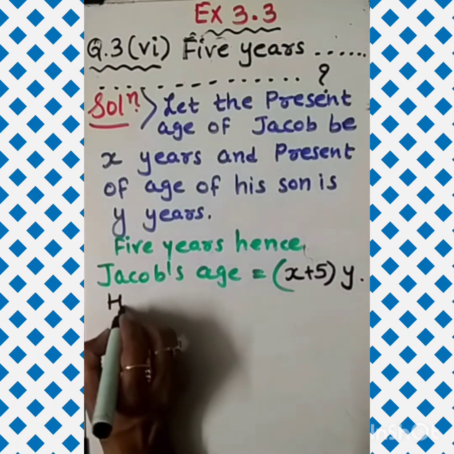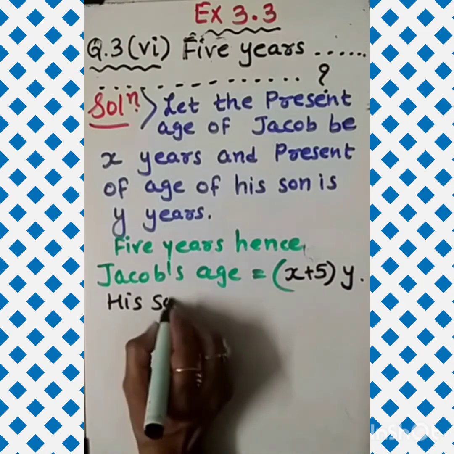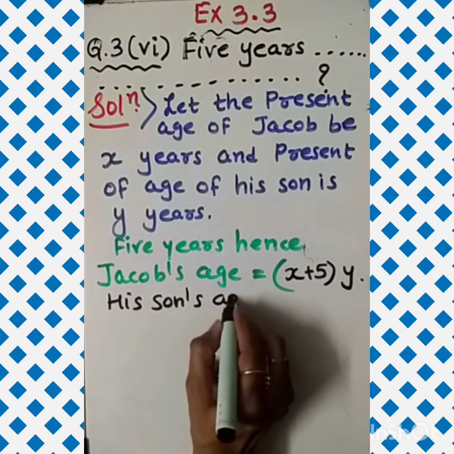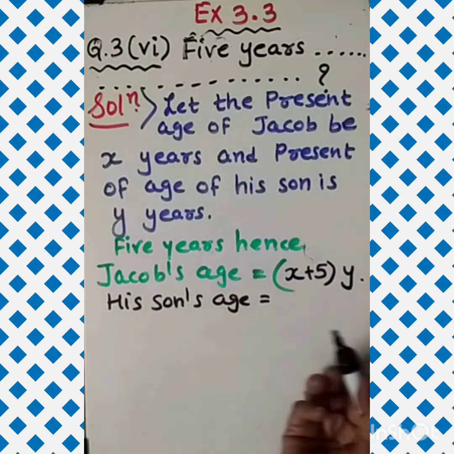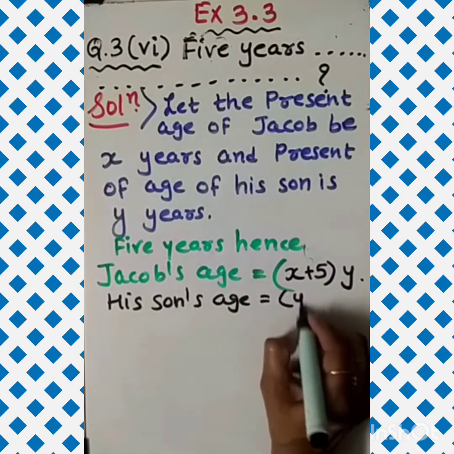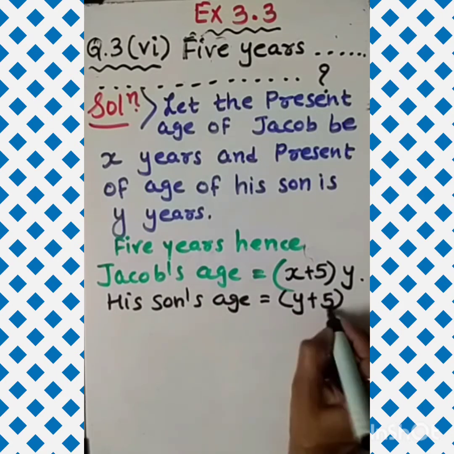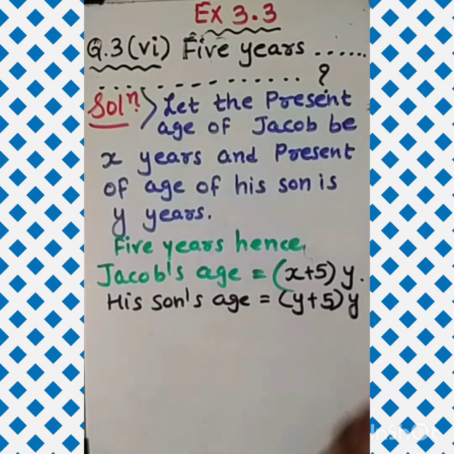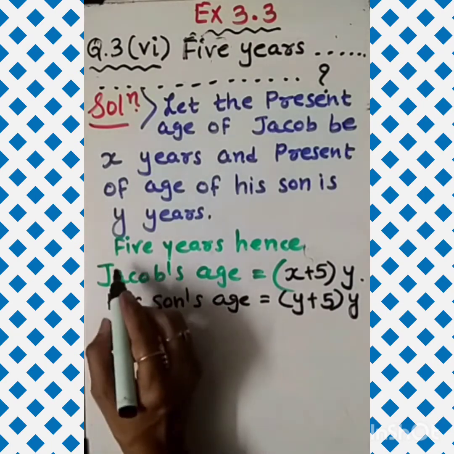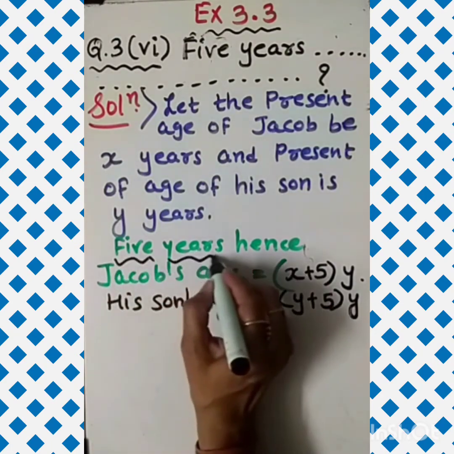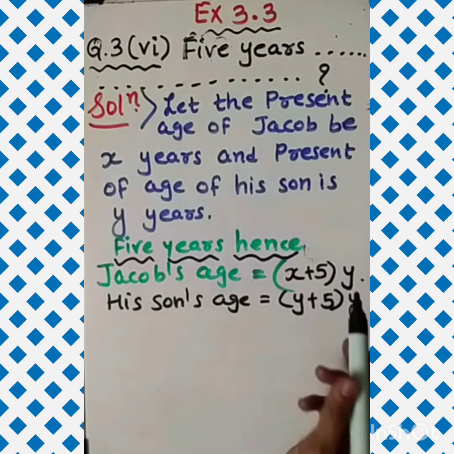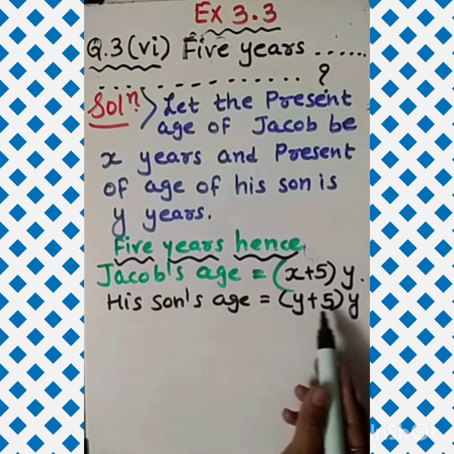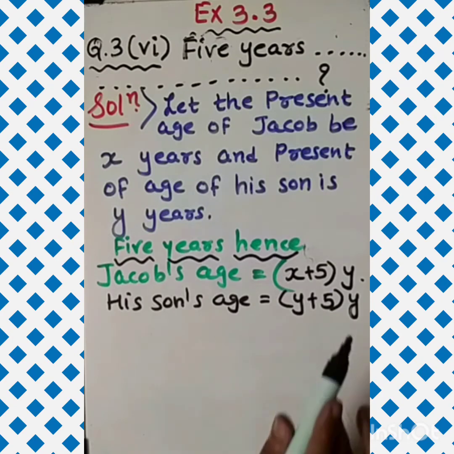We need to mention his son's age. Of course, if Jacob grows 5 years, then his son will also grow. So his age will be y plus 5 years. Clear? So this is case number 1. Both of their ages will be, Jacob's x plus 5 after 5 years and his son's y plus 5 years.